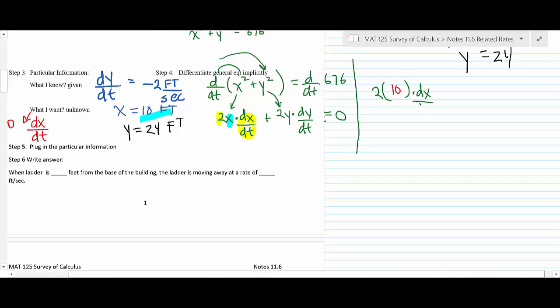That's what we're trying to find. Then we have 2, then we have y. y in this problem was 24. We found that. And then dy over dt, you were also given. That was -2. Now that's equal to 0.